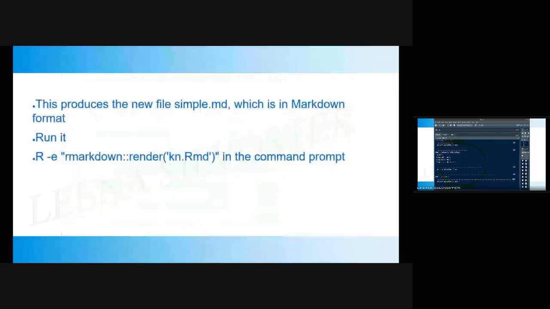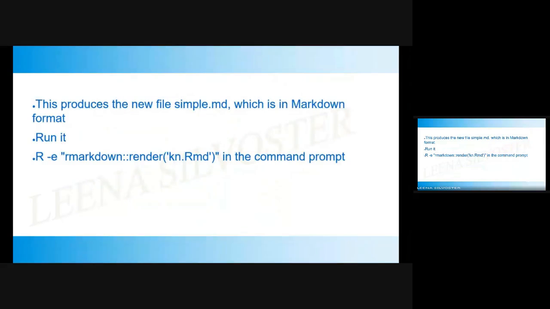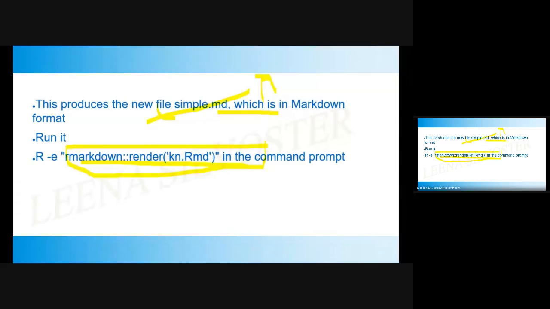This produces a new file simple.md, which is in markdown format. This md means it is markdown format. Run it using the command R with the option -e rmarkdown render kn.rmd. Type this command in the command prompt.